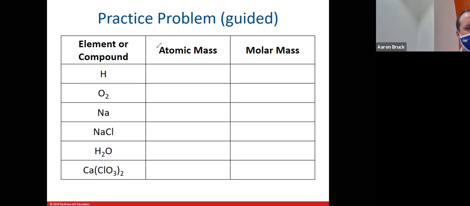On the periodic table, I get a mass of hydrogen at 1.01. If I was talking specifically about an atom of hydrogen, I would say that that particular atom weighed 1.01 AMUs. If I was taking the molar mass of hydrogen, I would say that it weighed 1.01 grams per mole.